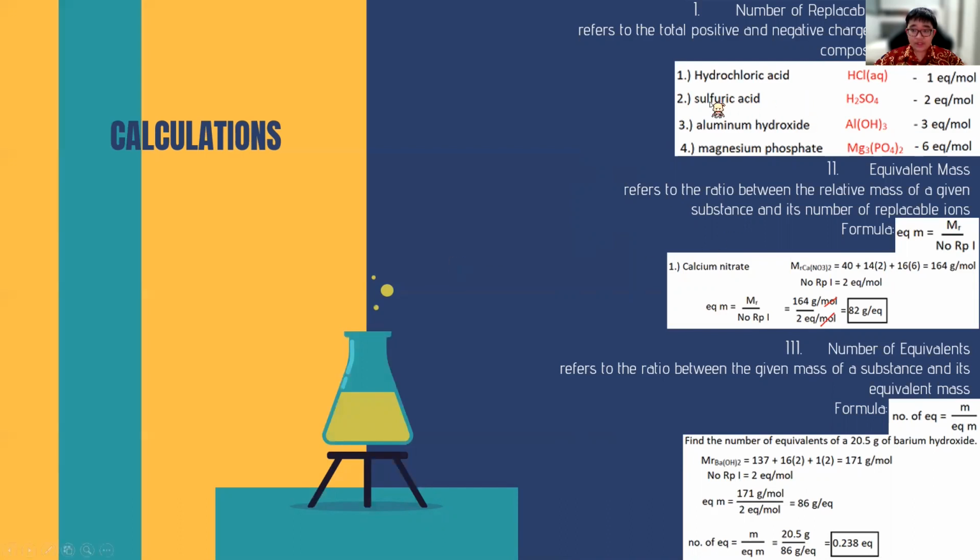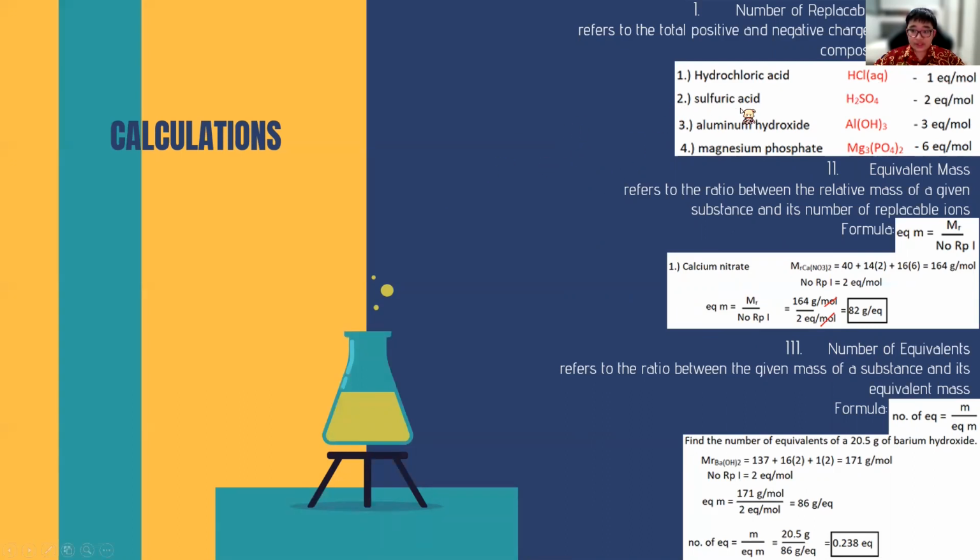For example, hydrochloric acid, which is HCl, has one replaceable ion. The unit that we will use is EQ over mole.